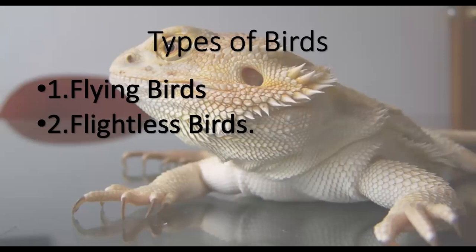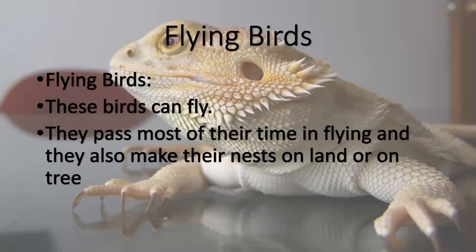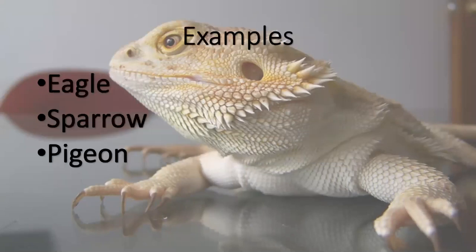Now the flightless and flying birds, the examples. The flying birds, these birds can fly. They pass most of their time flying and they also make their nest on the land or on the tree.